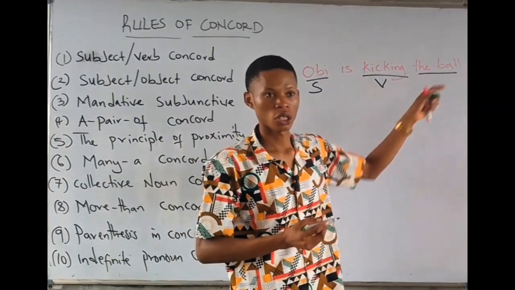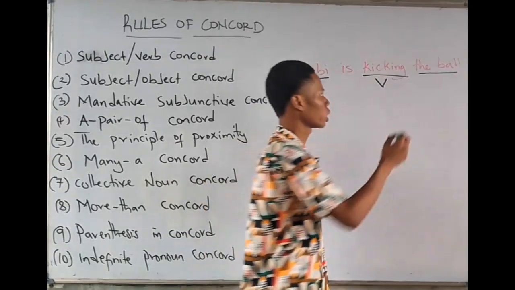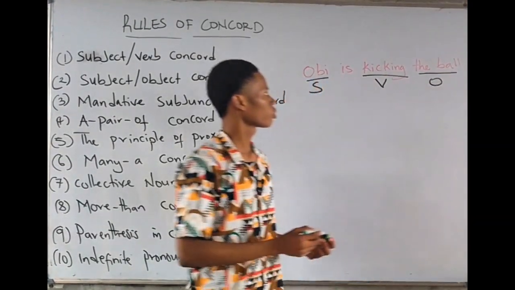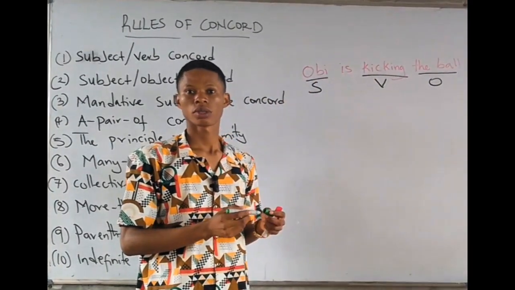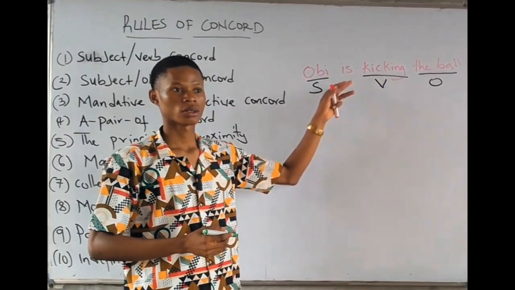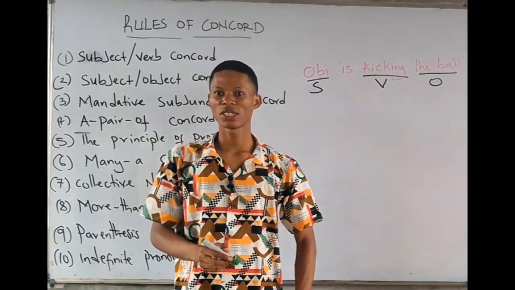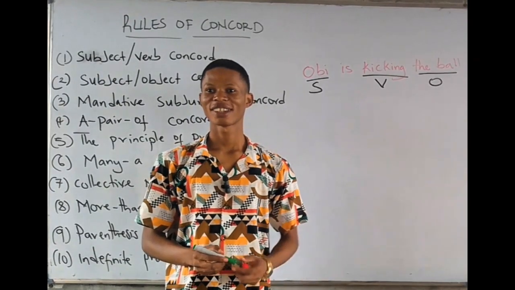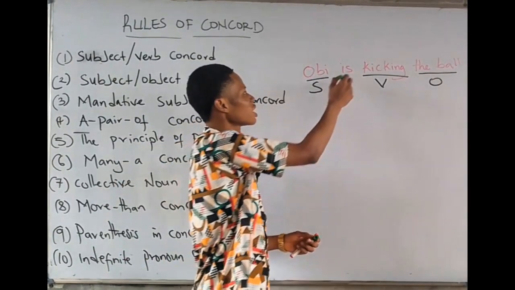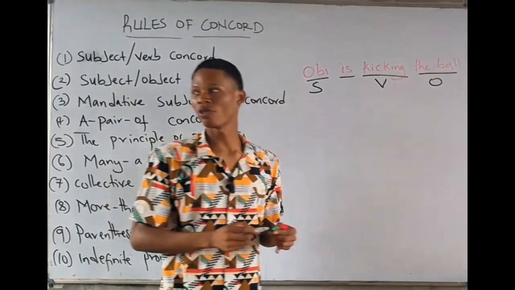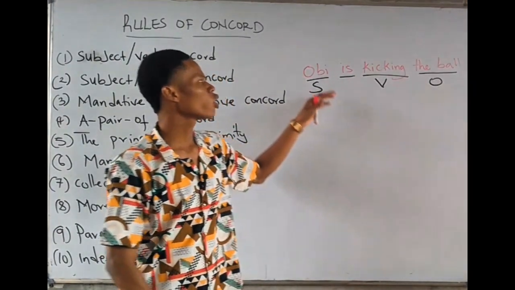Now, the ball is what here? The object. What of is? Is. Okay, this is an auxiliary verb, right? Helping verb, is it not? Good.